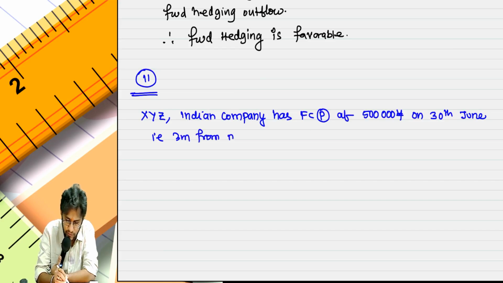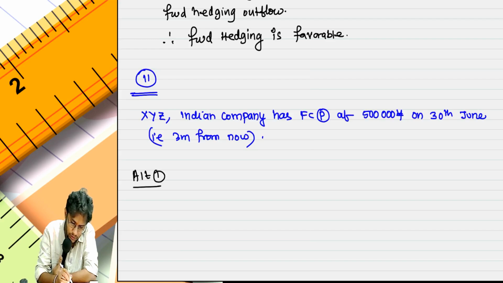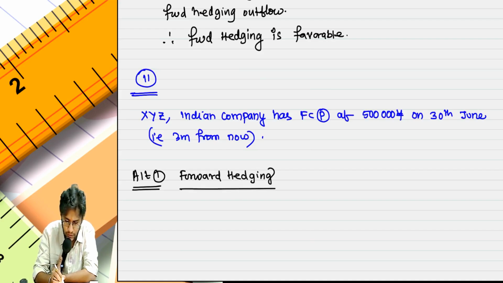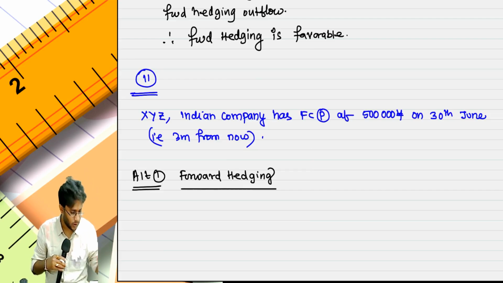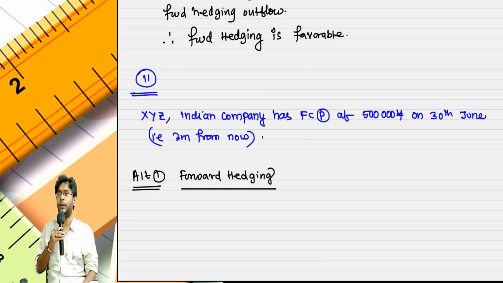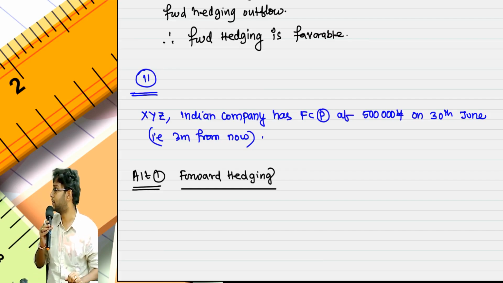It is 3 months from now. Today is 1st April, sir. Alternative 1: forward hedging. They have given you the 3 months rate. Pick up the appropriate bid or ask rate and finish it off.